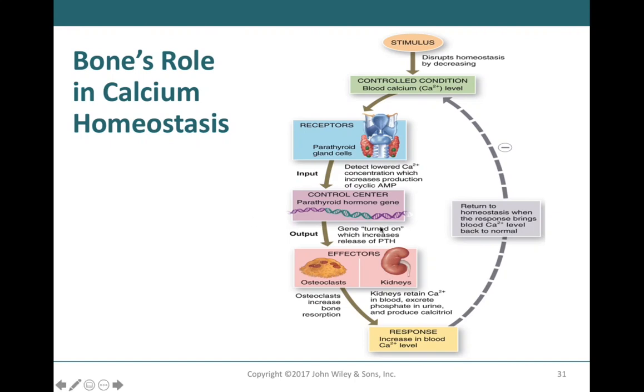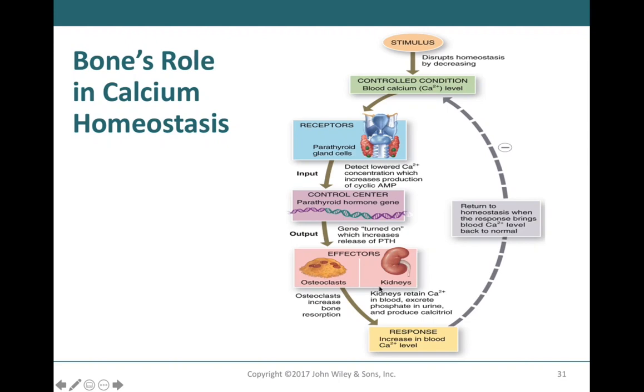And when more parathyroid hormone has been released into the bloodstream, it's going to make its way over to our osteoclasts and the kidneys, and it will have two different functions. Remember, parathyroid hormone is going to stimulate osteoclasts, and this will increase bone resorption. Osteoclasts are breaking down bones, so they're going to start breaking down more bones and release that calcium into the bloodstream as one mechanism by which we can repair our already lowered blood calcium. The other mechanism is by affecting the kidneys.